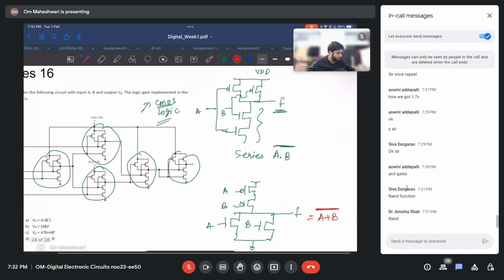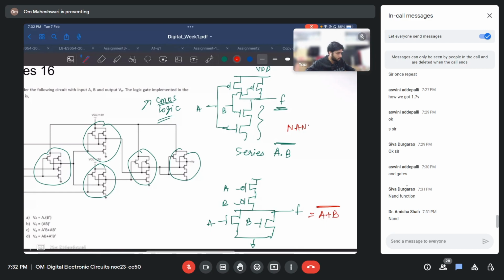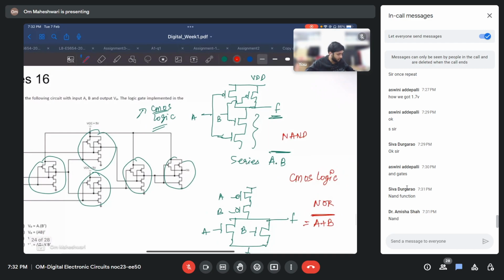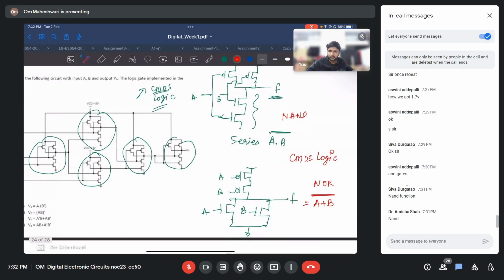So this one is NAND, this is NOR, using CMOS logic. You can analyze them easily, but I'm not going to analyze them here.